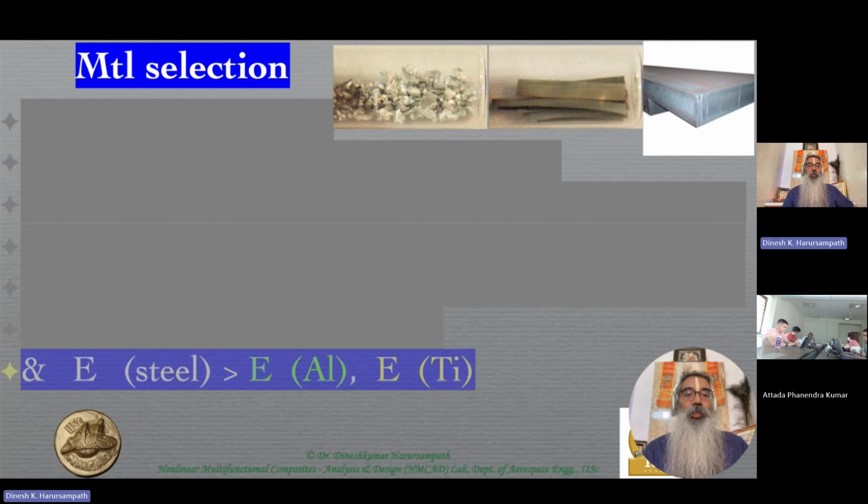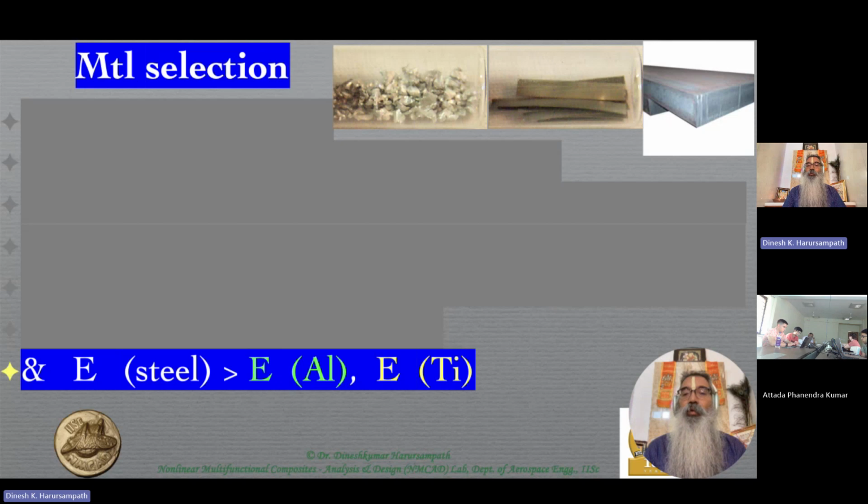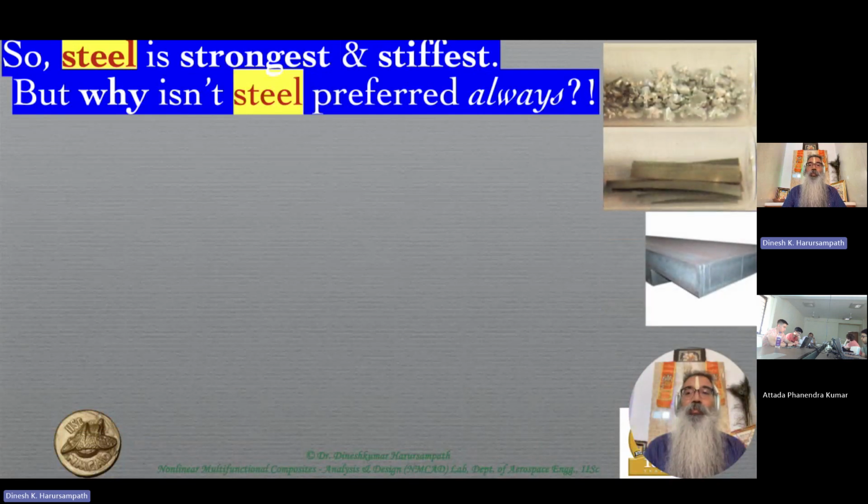Similar conclusion is there in terms of the Young's modulus, or E as well. The stiffness, as we call it, and stiffness for steel is much larger compared to that of aluminum or titanium. So that's fairly clear, and this is something that you have known before as well. And therefore, you see that steel is obviously the strongest as well as the stiffest material.